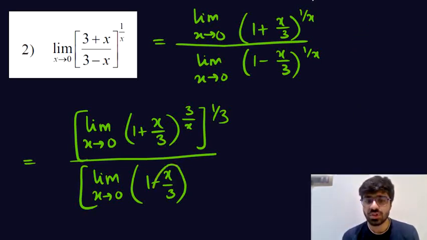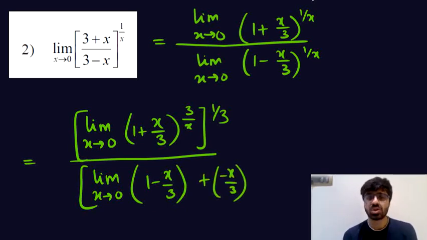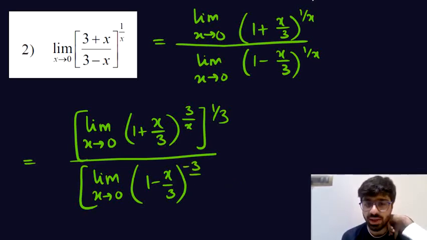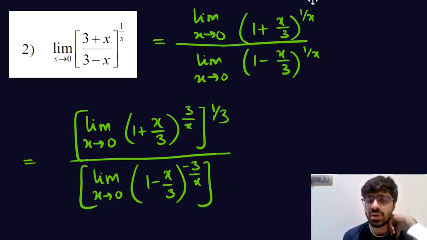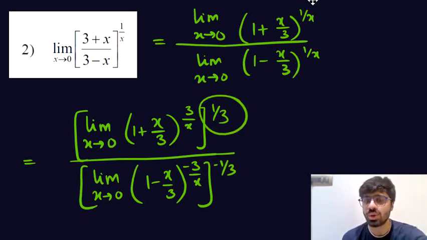So you can think of this minus x upon 3 as plus minus x upon 3. So after the plus, what you have is minus x upon 3. And that is why in the power you should have a minus 3 upon x. But the power was 1 upon x. So to balance that minus 3, I need to multiply that power with minus 1 upon 3, and multiplying with a power means taking that number as the power of the entire bracket, like we had done over here.